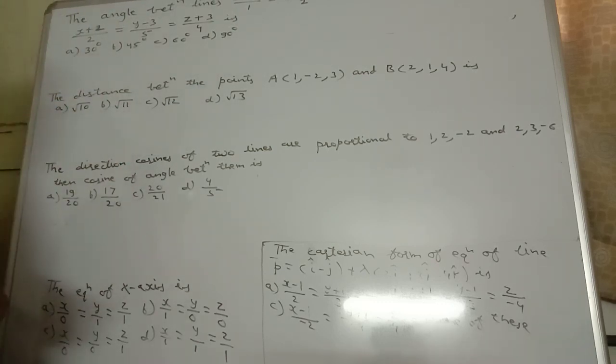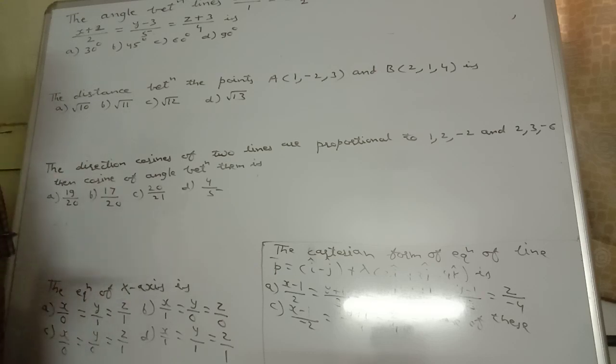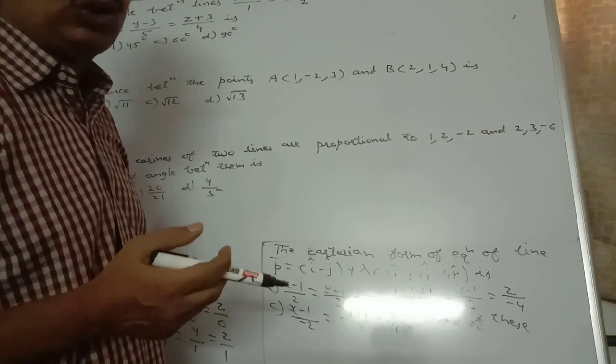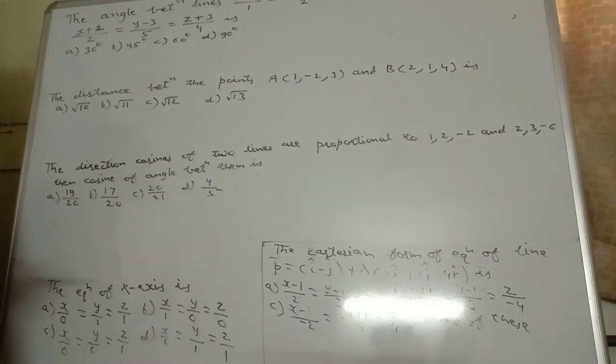Here equations of two lines are in Cartesian form. We have to find the angle between the lines. If we know direction ratios or direction cosines of two lines, then we can find the angle between them.